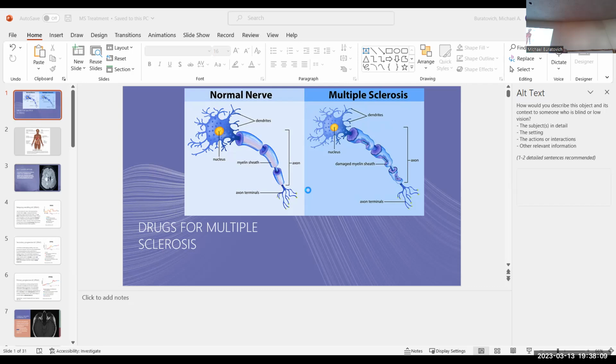There's an R in there, Charcot's triad. You are going to see unclear speech, dysarthria. Then you will see nystagmus, involuntary rapid eye movements.